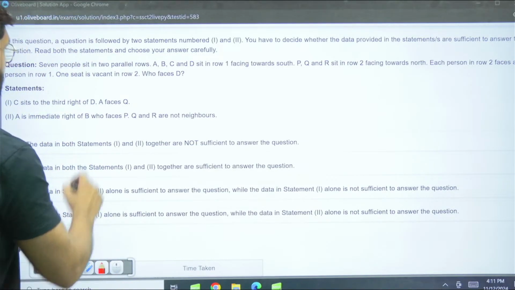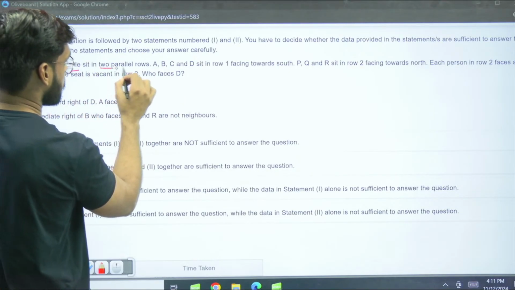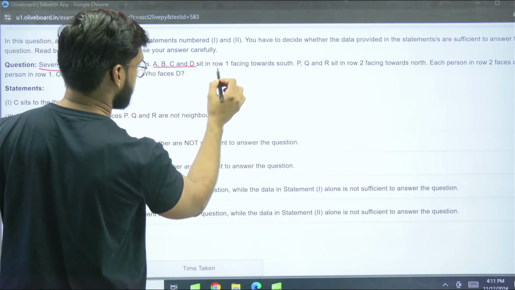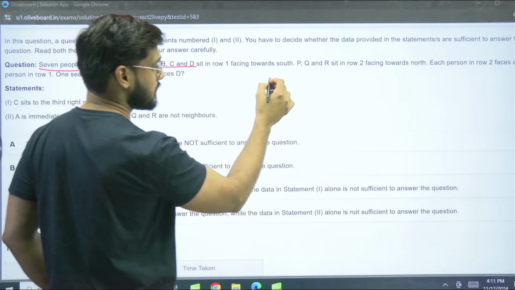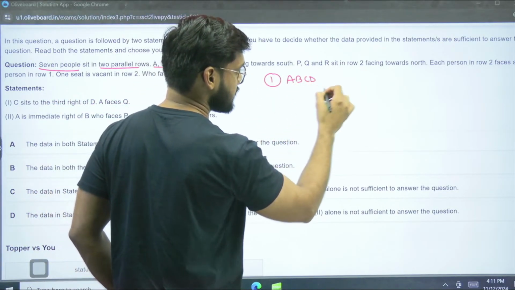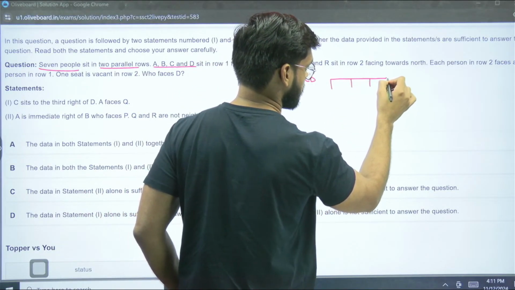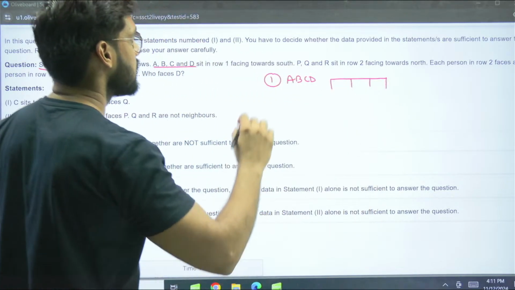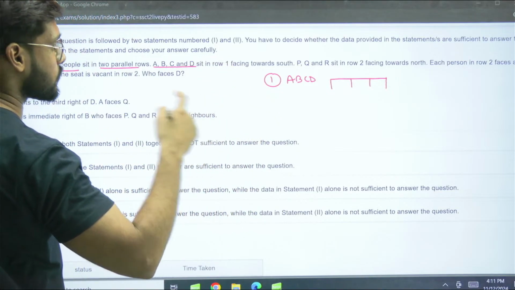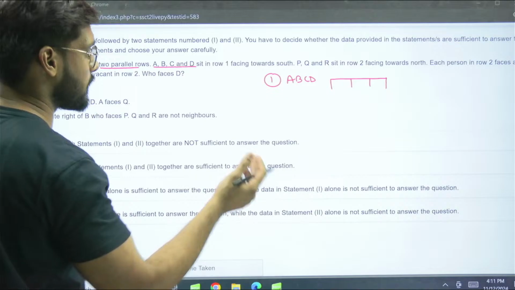The first question is from data sufficiency, in which 7 pupils sit in 2 parallel rows. A, B, C, D sit in row 1 facing south. So 4 persons will sit in the first row. P, Q, R sit in row 2 facing north.